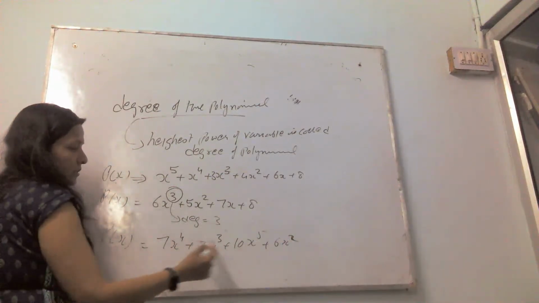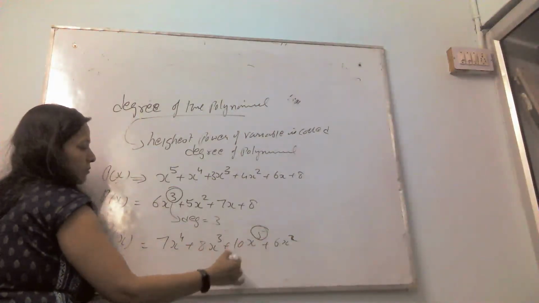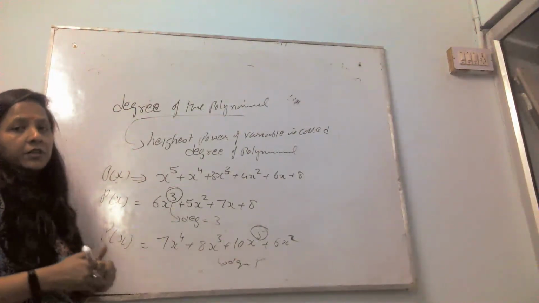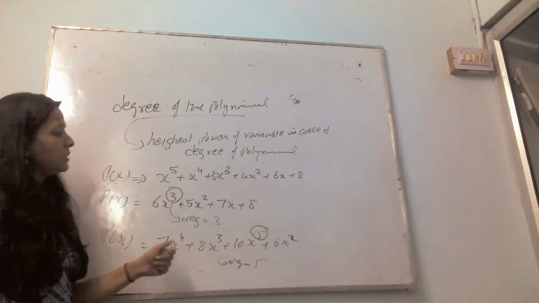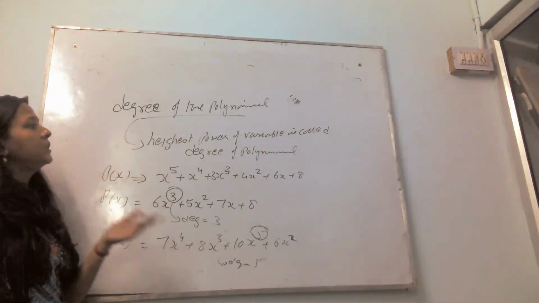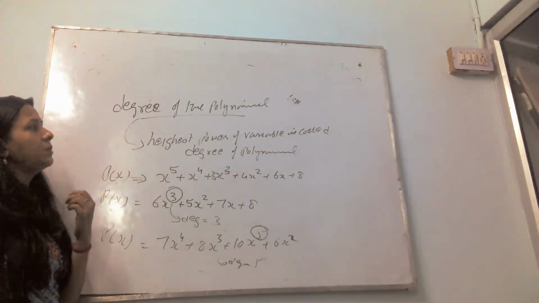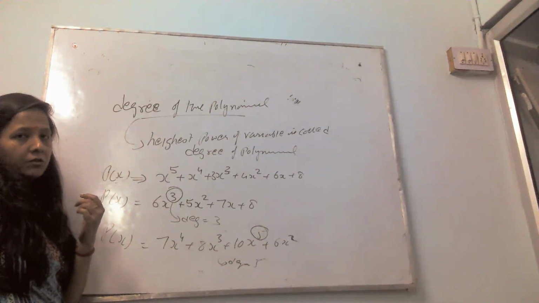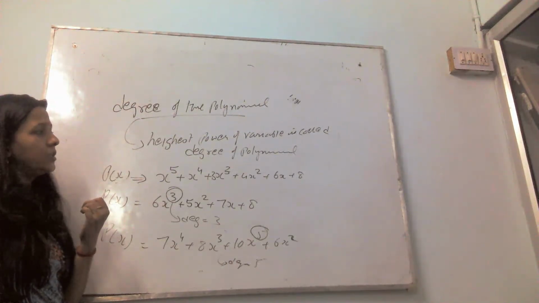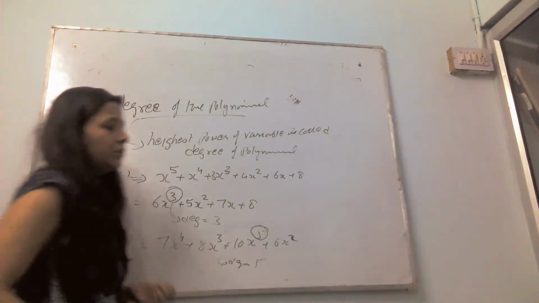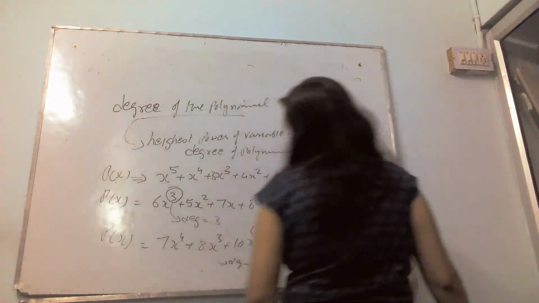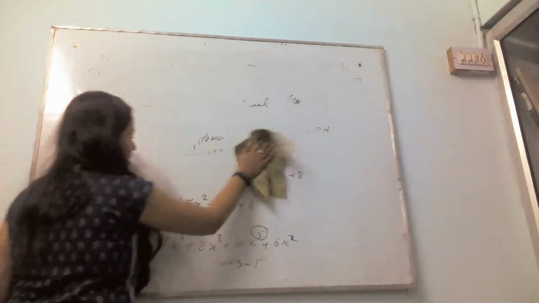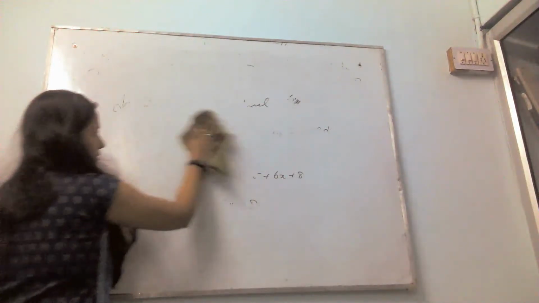Here we find that the highest power is 5. That means the degree is 5. This is called the degree of the polynomial: the highest power of the variable. Now I am writing two questions. You will find out the degree of the polynomial.